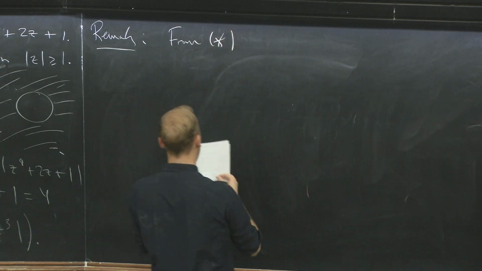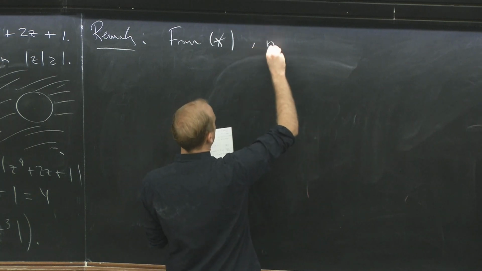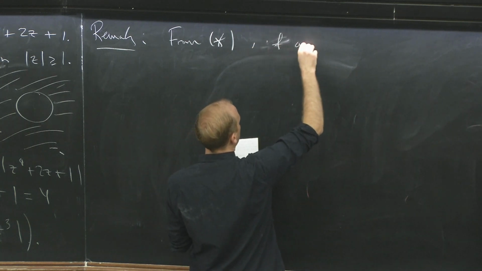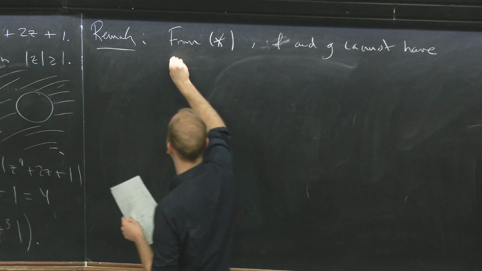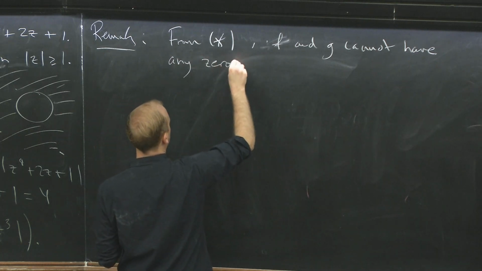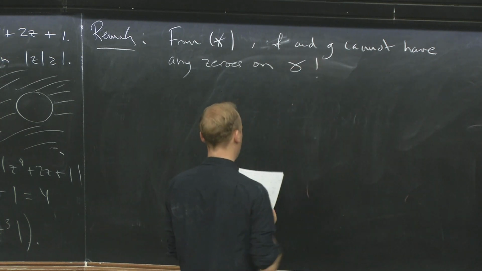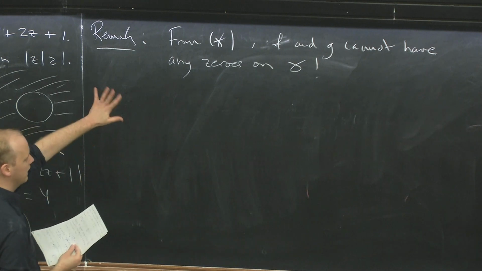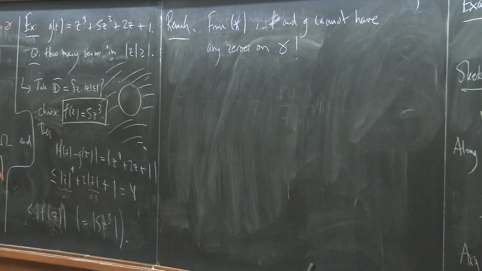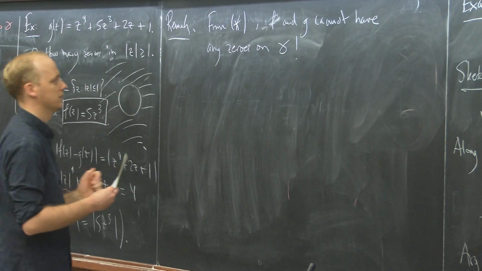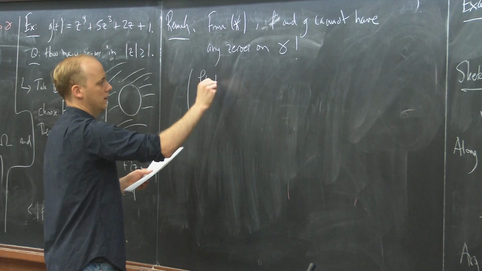So from star, f and g cannot have any zeros on gamma. Okay, so why is this? So this relates directly to your question, right? By just checking this condition, I will have indirectly checked that there are no zeros on gamma.